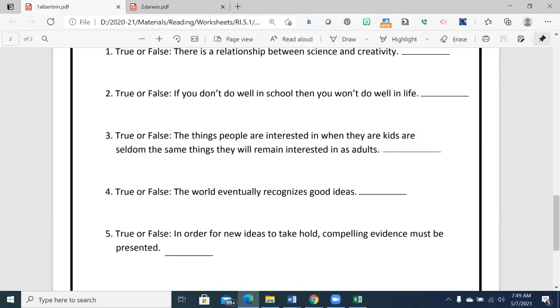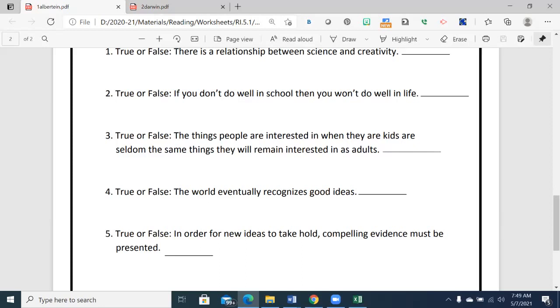Chances are the stuff that Einstein, his knowledge, took a little bit of time before it got out there. But as you saw in the story, he went from couldn't get a job in education right out of school to schools literally tripping over themselves to award him doctorates. So I would say true.